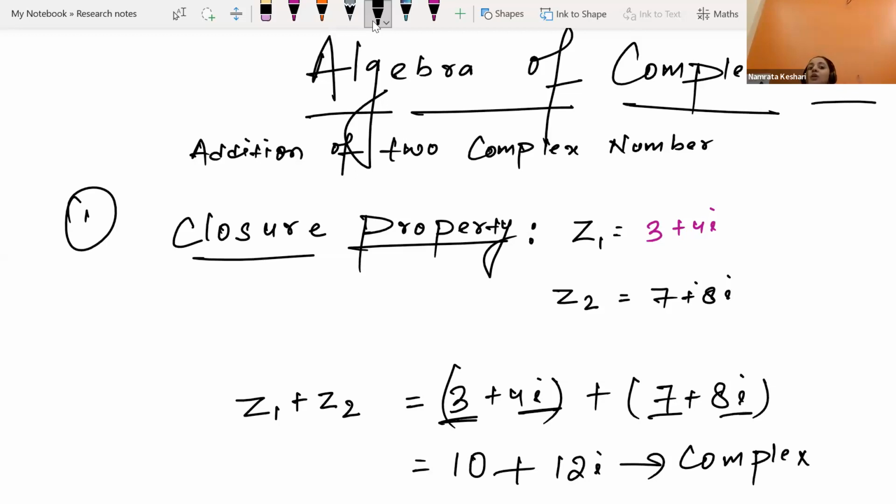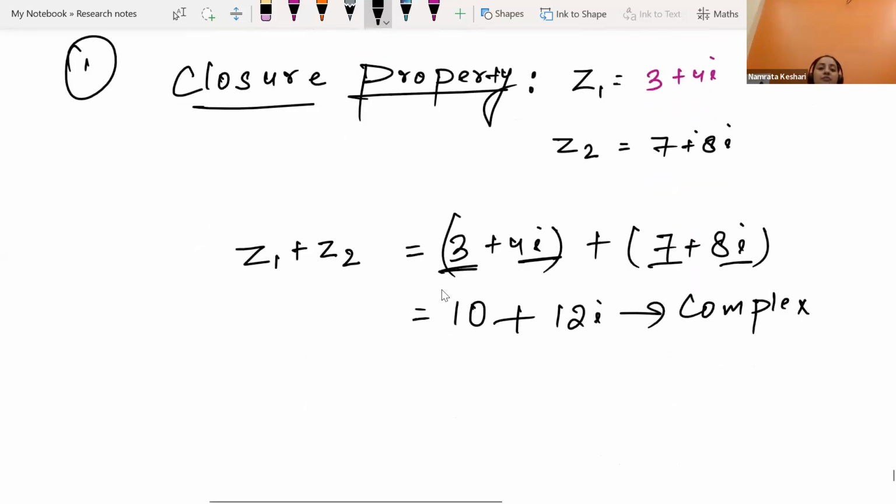It's just like the closure property of whole numbers. When you add any two whole numbers, the result will always be a whole number. Similarly here, whenever we take two complex numbers and add them, we will get a complex number as the answer. That's called the closure property.